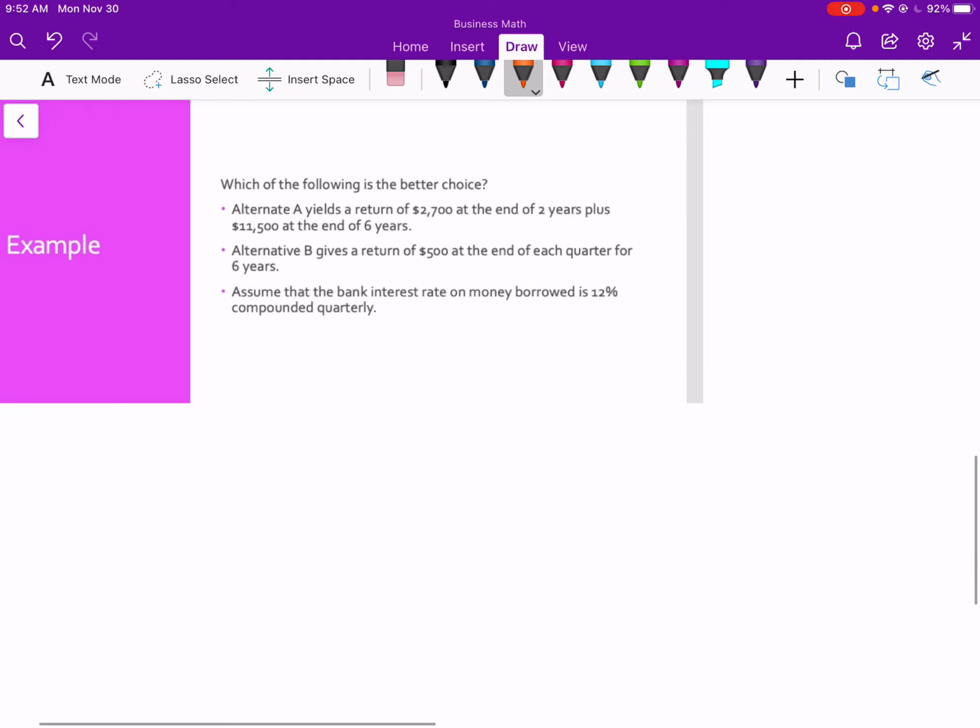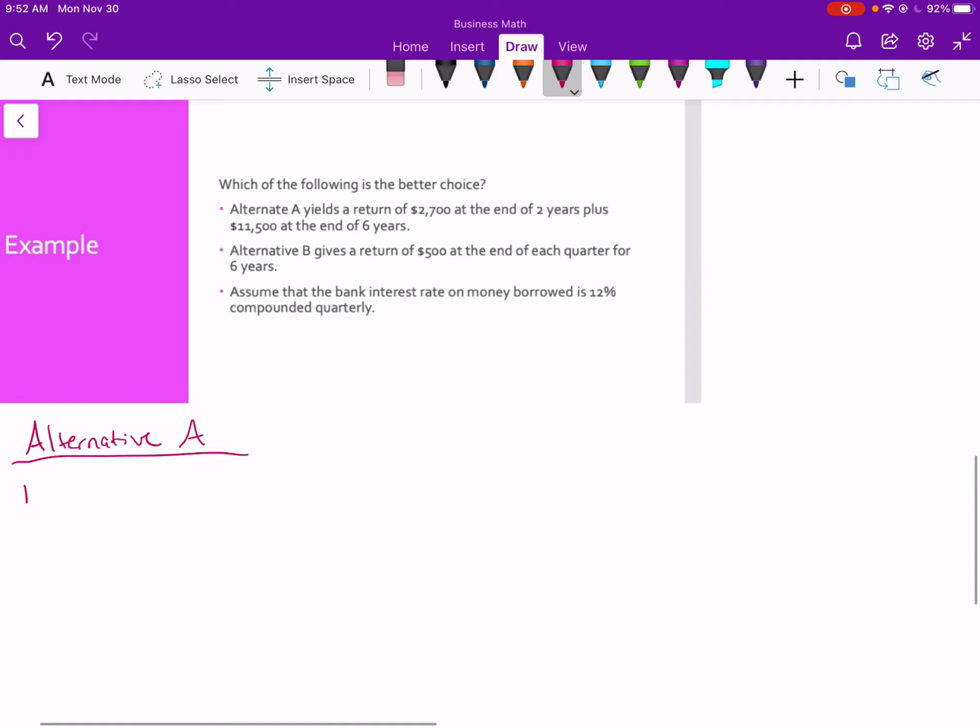So let's start with A. Alternative A is split into 2 parts. We have the $2,700 at the end of 2 years and $11,500 at the end of 6 years. So part 1, we need to find the principal amount, our current value.